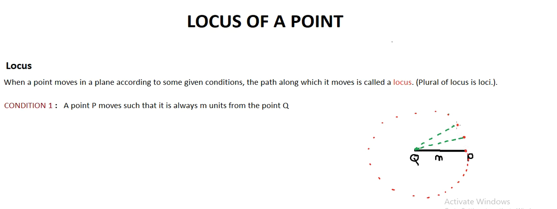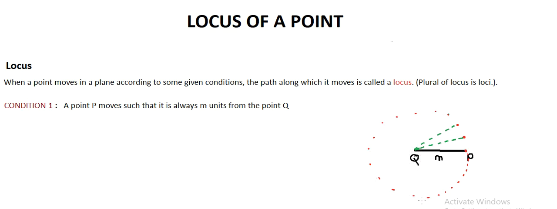If we move this point P in a circular way, then the distance between Q and that moving point will always be m units, because in a circle the radius of the circle is a constant. So here Q is the center and this m unit is the radius. If we take any point on this circular path, then the distance between that moving point and Q will always be m unit. Here m is the radius.